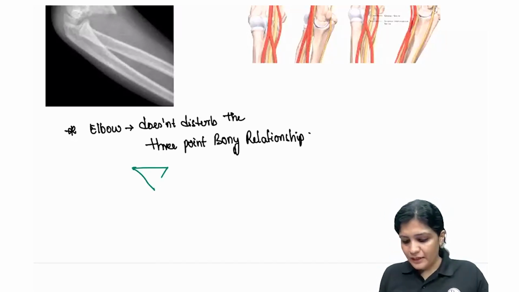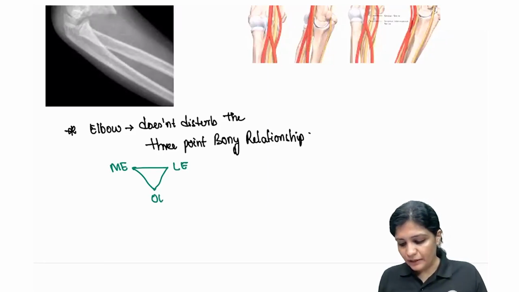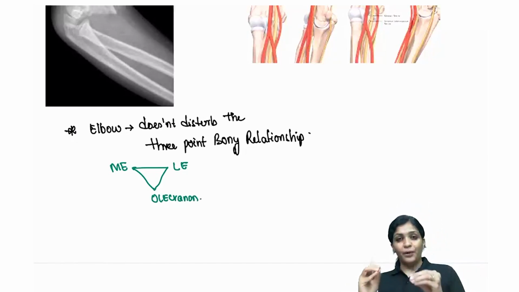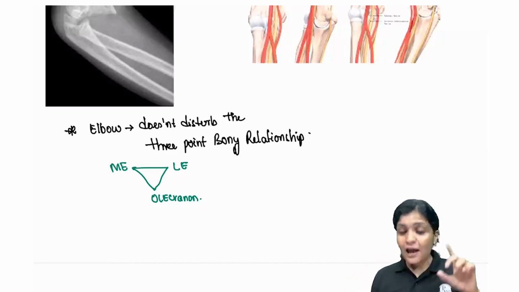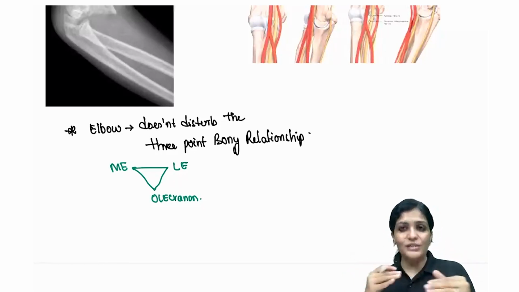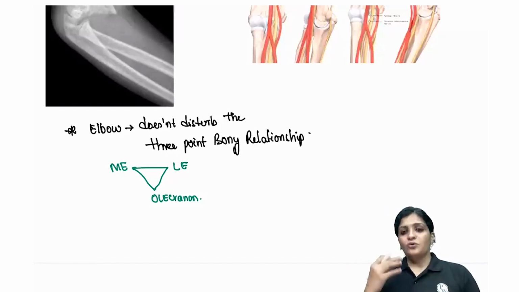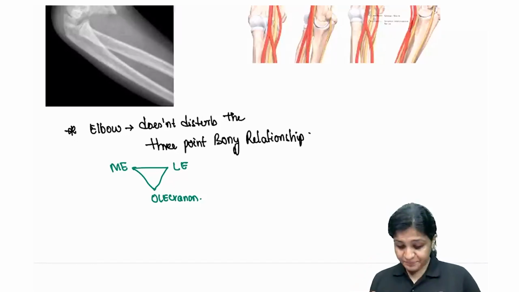You know that there are 3 important landmarks around the elbow: the medial epicondyle, the lateral epicondyle, and the tip of the olecranon. Together these 3 bony points form an isosceles triangle, where 2 sides are equal.